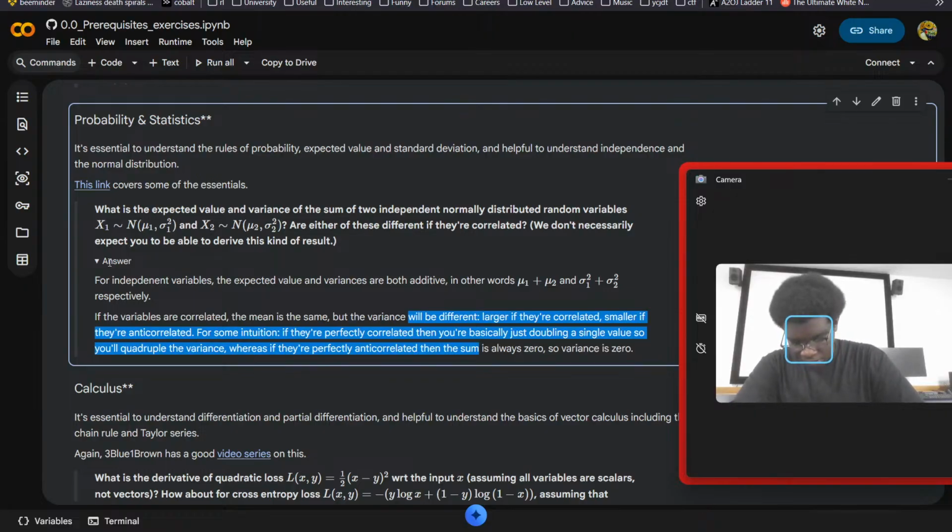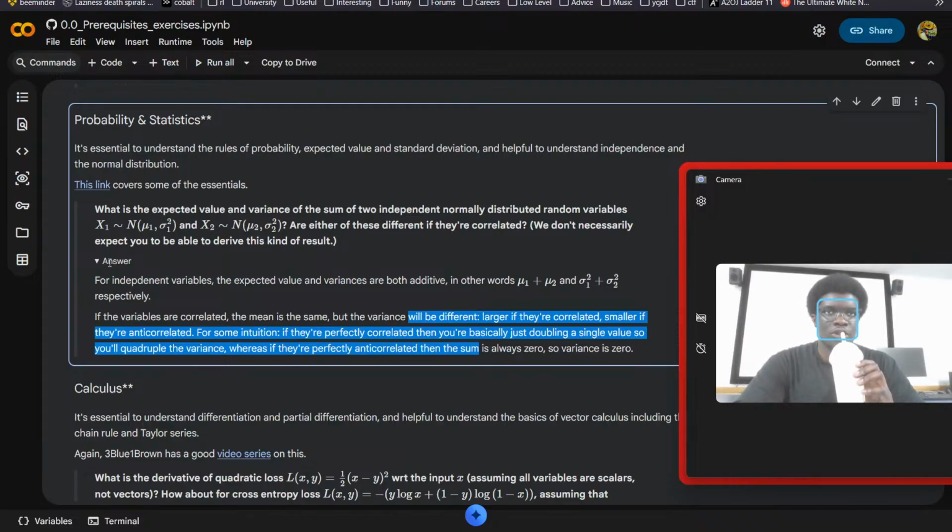Okay, so let's say the covariance of x1 and x2 equals some constant k. How can we approach this?